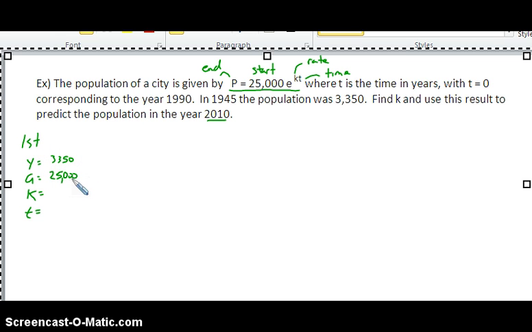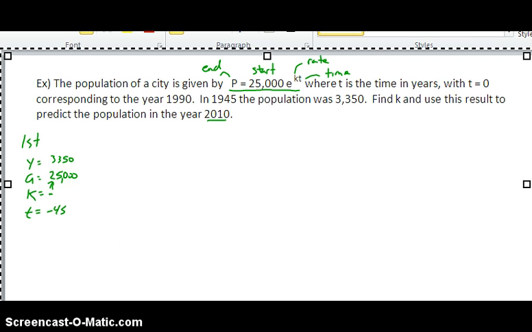Now that may not make sense to you, but it will in just a minute when we think about our time. So if this is what we started with, and our ending population is 3,350, that means we're going backwards in time. So our T is actually going to be negative 45 years, because from 1945 to 1990 is 45 years. But if we're talking about this being year 0, then 45 years before that would be negative 45 years. So our T is going to be 0, and our K is what we're trying to find.